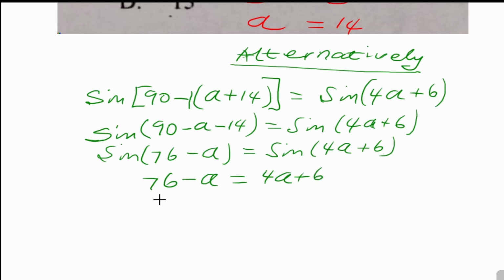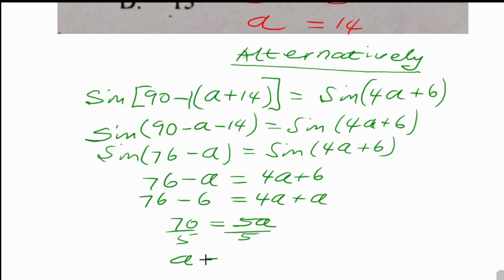Grouping like terms, you have 76 minus 6 equal to 4 alpha plus alpha. That means 70 will be equal to 5 alpha. Dividing both sides by 5, alpha is going to be 14, which is the same as the answer we got here.